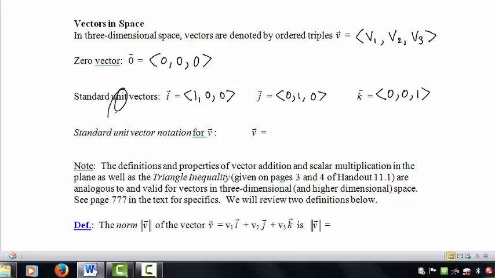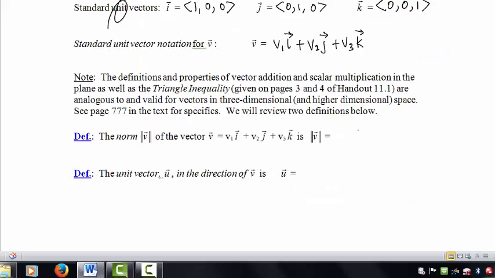Now, if a vector is given by V equals <V1, V2, V3> in this notation, we can also write it in standard unit vector notation. And that would be V1 times i plus V2 times j plus V3 times k.